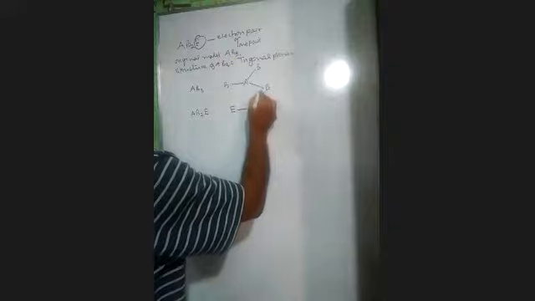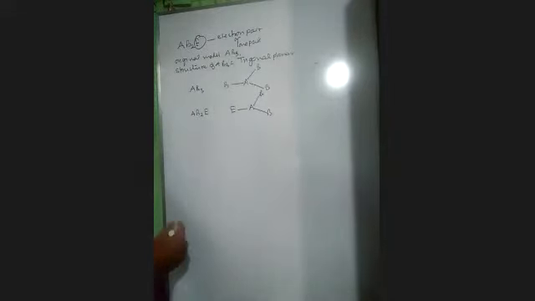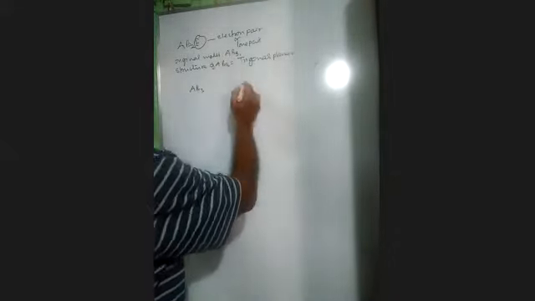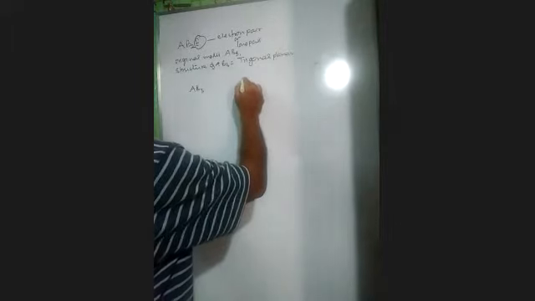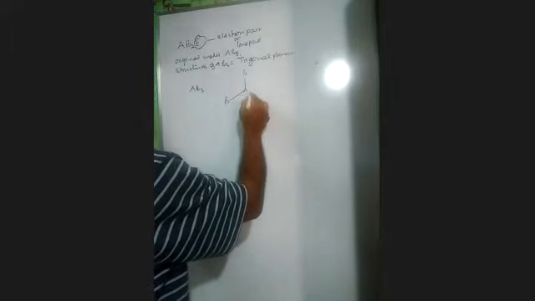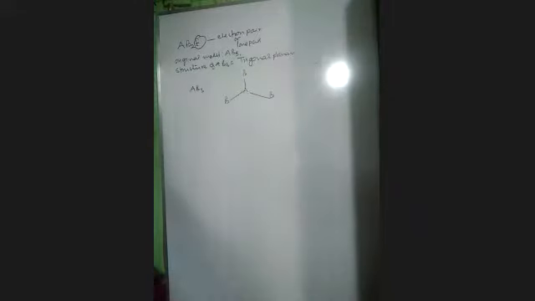A, B, B. Now I'll write it in this way, then it will become a little easy for you to understand. A, B, B, and B.